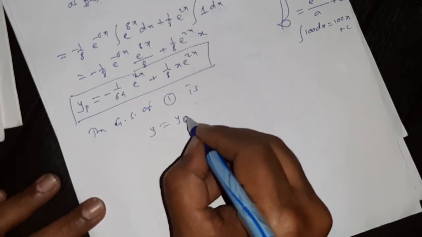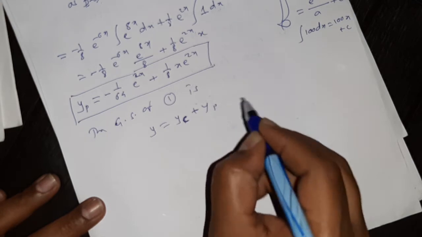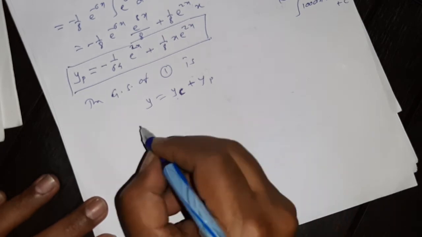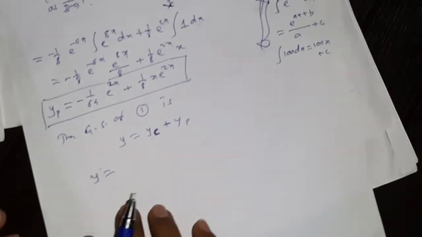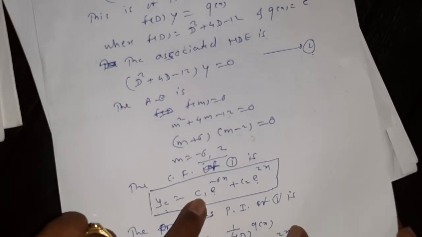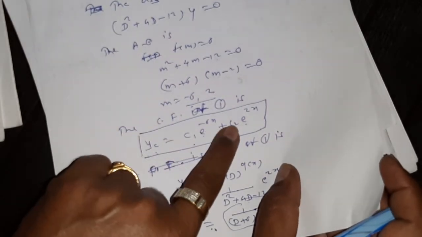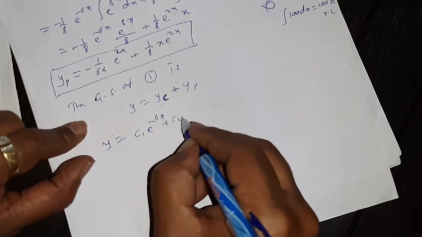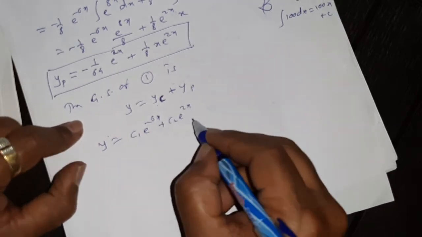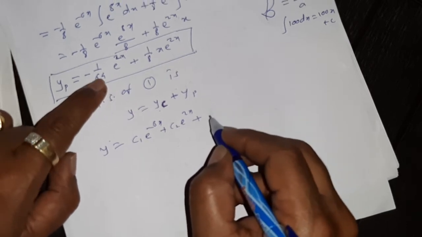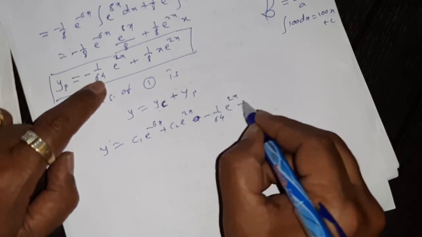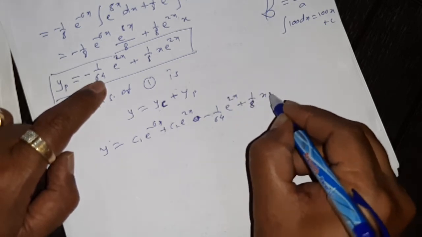Then the general solution of equation number 1, that is the given non-homogeneous differential equation, is y is equal to yc plus yp. We know that the general solution is the addition of the complementary function plus the particular integral. That is, y is equal to c1 e raised to minus 6x plus c2 e raised to 2x, this is the complementary function yc, plus yp, which is minus 1 by 64 e raised to 2x plus 1 by 8 x e raised to 2x.